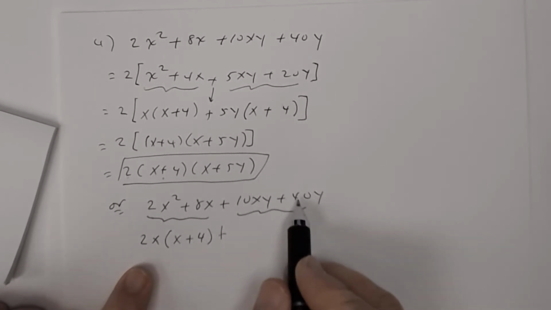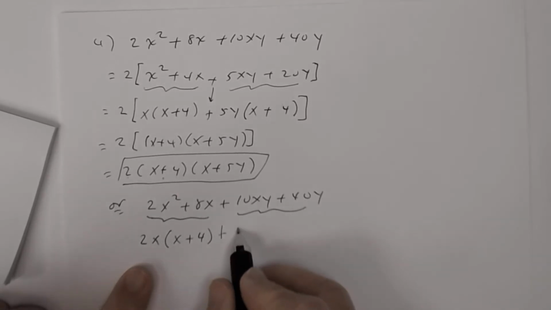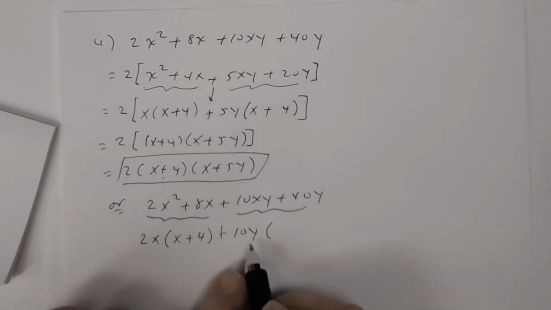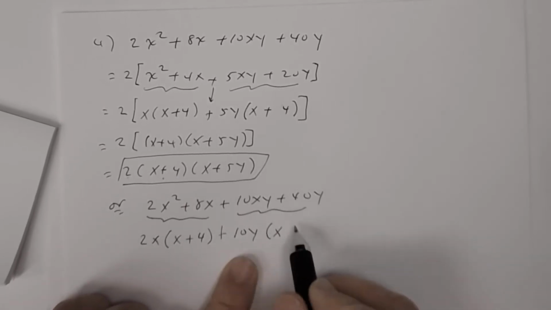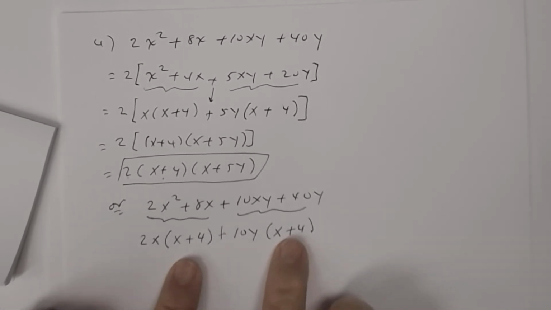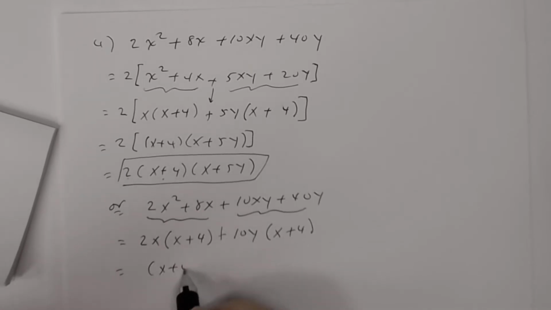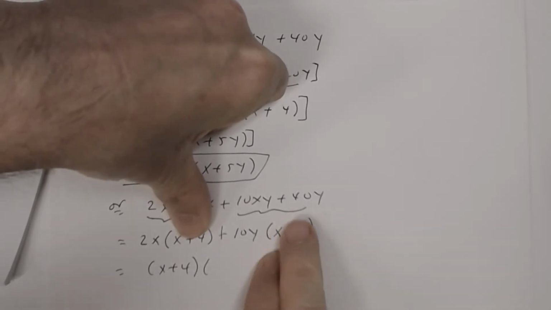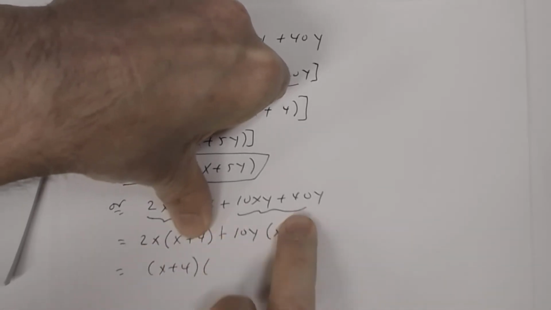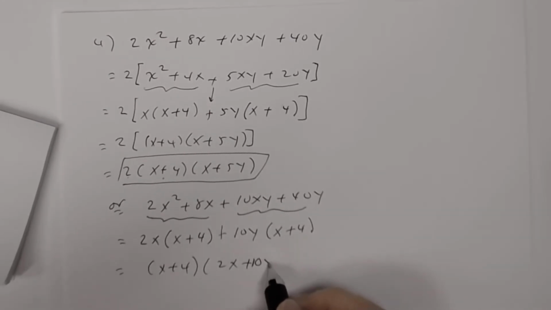Well, that's a 10, and then the variable y. So that's 10y times, 10y times what's 10xy? x. And then 10y times what's 40y? That's plus 4. And then notice these are the same, so I'm going to factor that out: x plus 4 times, and when I factor out the x plus 4, you have 2x plus 10y left.